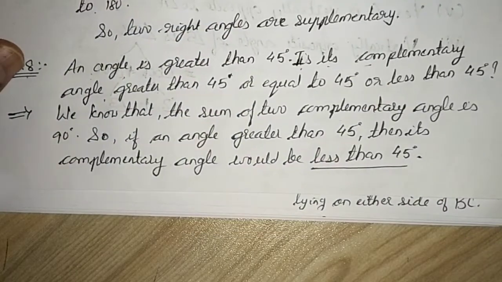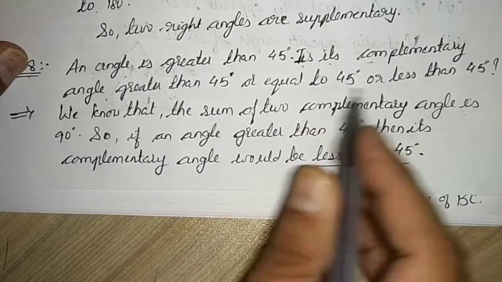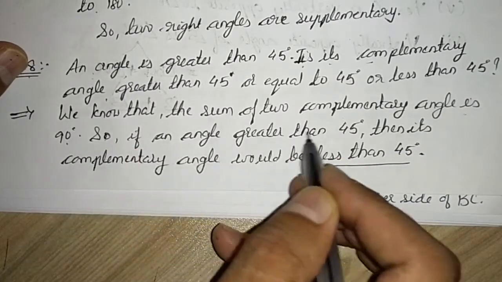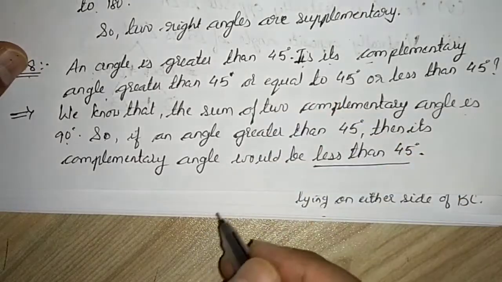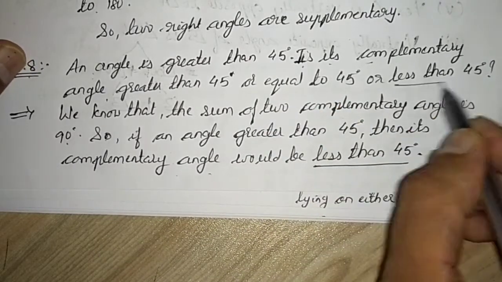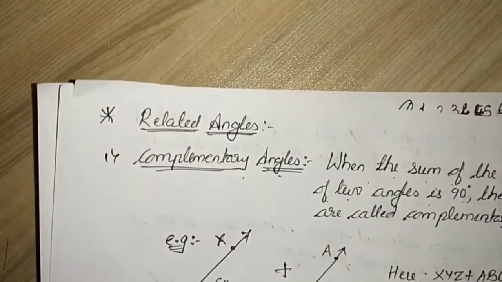So our answer will be, we know that the sum of two complementary angles is 90 degrees. So if an angle is greater than 45 degrees, then its complementary angle would always be less than 45 degrees. Hope you are understanding this question. Now moving to question number 9. And question number 9 is very important, students.